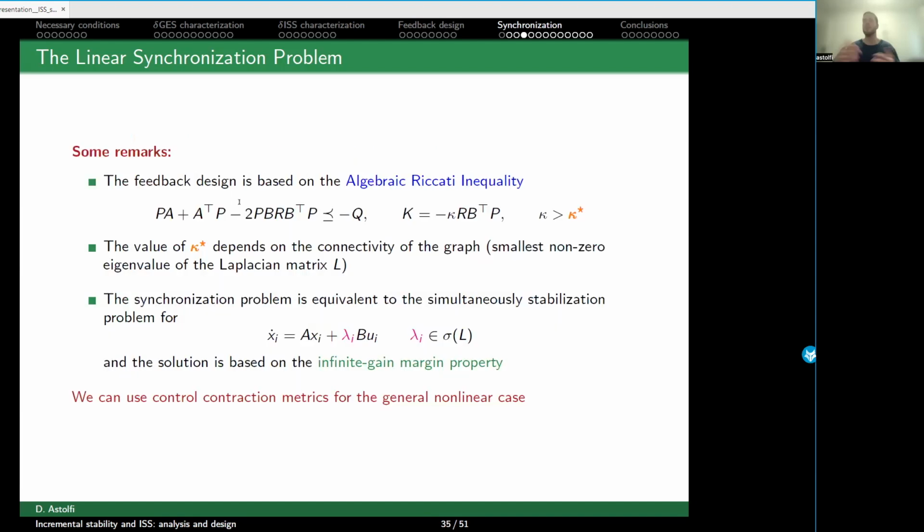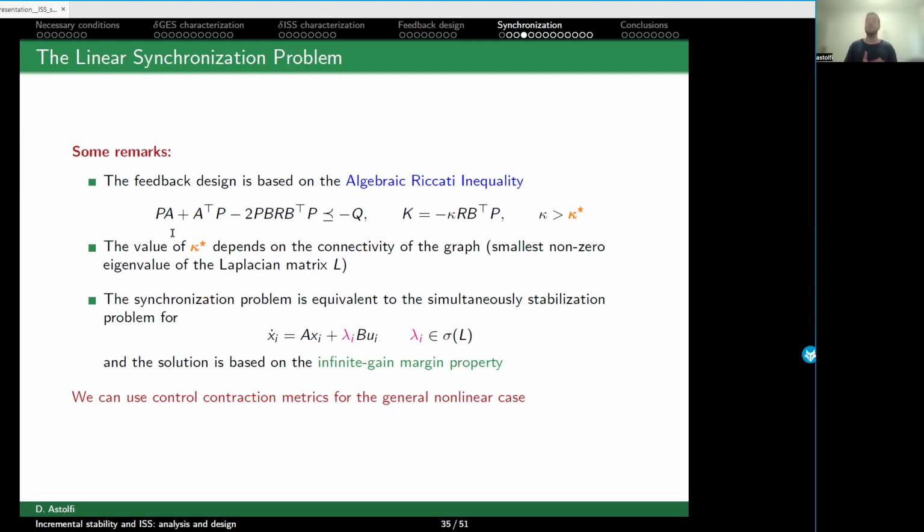First you solve an algebraic Riccati equation, you take this K, this BP, and you multiply it by a scalar k, which depends only on the connectivity of the graph, and in particular on the smallest non-zero eigenvalue of the Laplacian matrix L. It can be shown that the synchronization problem is actually equivalent to the simultaneous stabilization problem for a set of dynamics of this type in which lambda are the eigenvalues of the Laplacian matrix. And this is why the solution is based on this infinite gain margin property, because you need to find just one K which stabilizes all the dynamics of this type in which lambda i can vary.